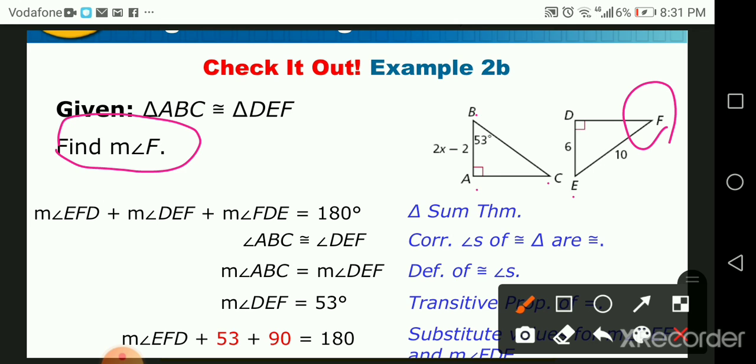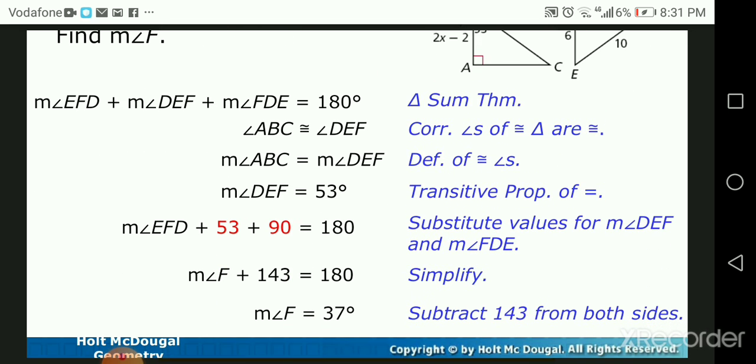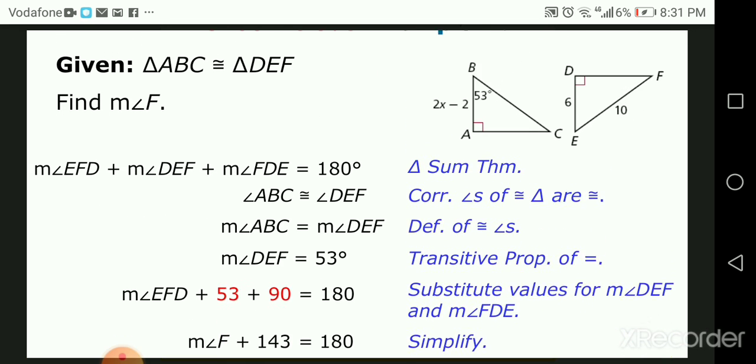Okay, it's easy. Look at this. This is 53. This is 90 degrees. Can I get the third angle? I know that you can get it now in just one moment. 180 minus the sum of 53 plus 90, right? Then it will be 37 degrees.